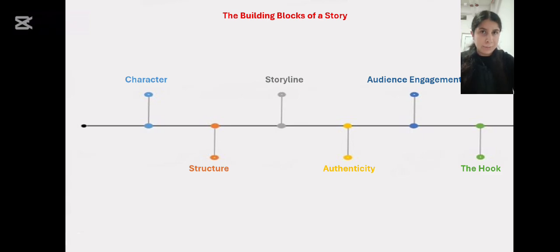Audience engagement. You must make them a part of the experience. You must stimulate their feelings. And last but not least, the hook. We use the hook to take attention quickly, so you must keep it as clear and simple as possible.